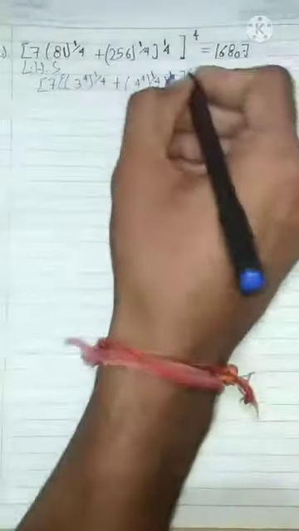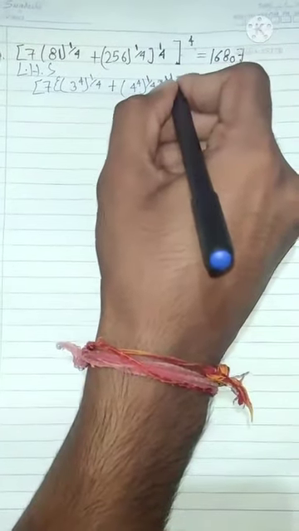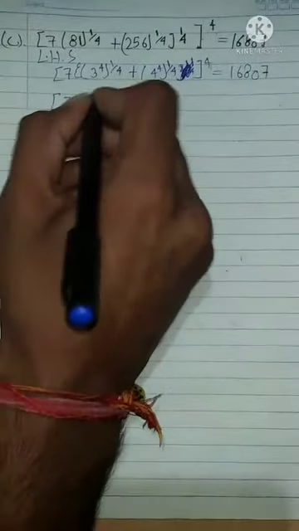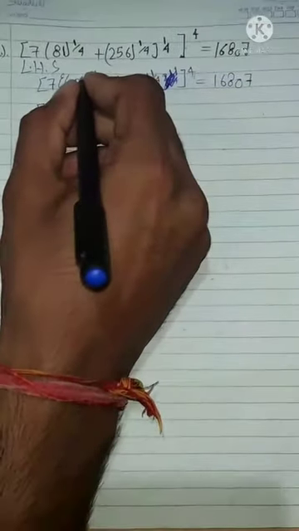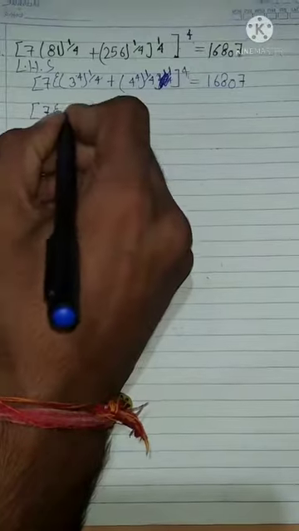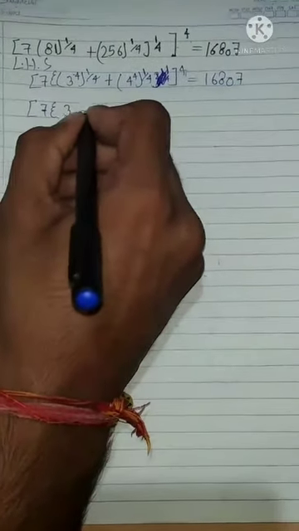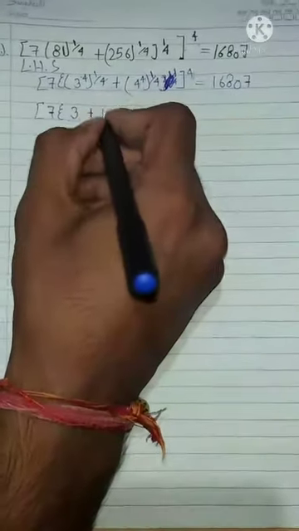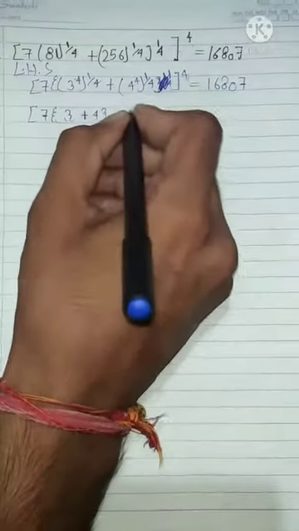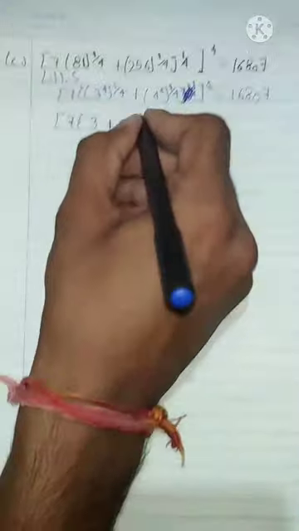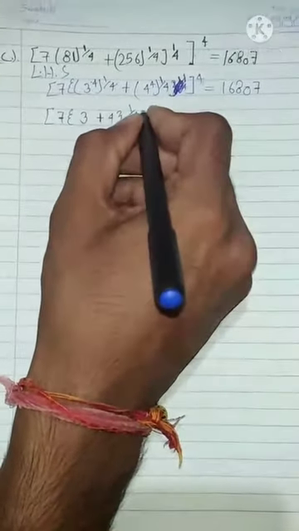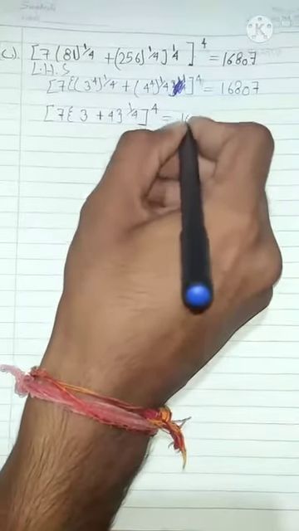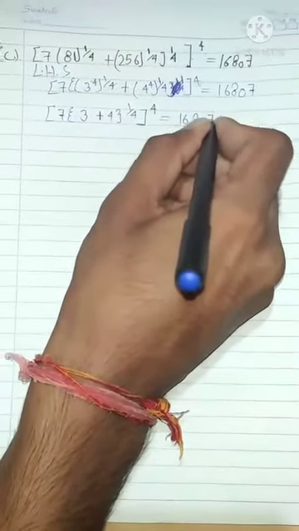Sorry, this is a curly bracket and the power given is 1 by 4 and 7. This 4 cuts this 4, then it becomes only 3 plus, and this 4 cuts this 4 and it becomes 4. Power is given 1 by 4, a whole to the power 4 equals 16,807.